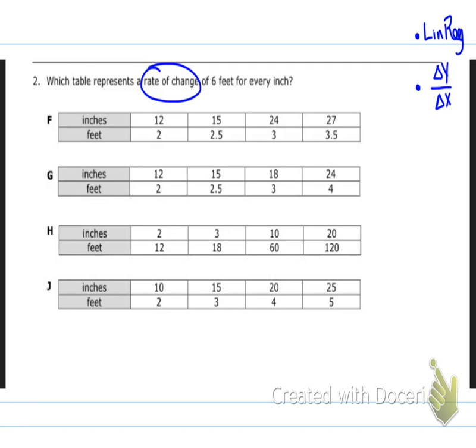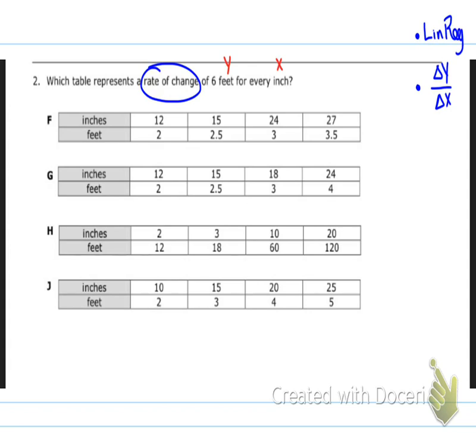6 feet for every inch. Every time I give a slope, it's being given to me as change in y over change in x. What I mean is, you want to be careful that what it's asking you is the way you're going to read it. Every time it says feet, that's a y value, and every time it says inches, that's an x value.